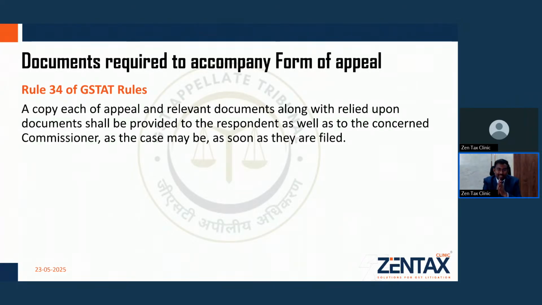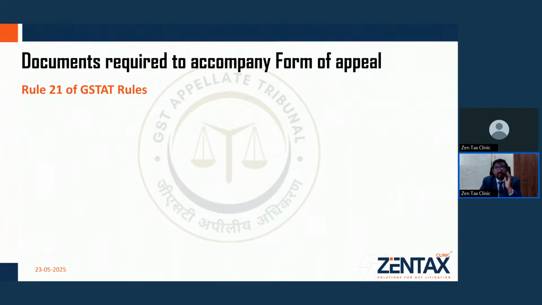Is it sufficient to give it to the respondent, that is the person against whom I am filing an appeal? No. Also to the concerned commissioner. So this casts a very important responsibility: the procedure very clearly requires that not only do you file an appeal before the GST Appellate Tribunal, you also serve a copy on the respondent and give a copy to the commissioner as well.